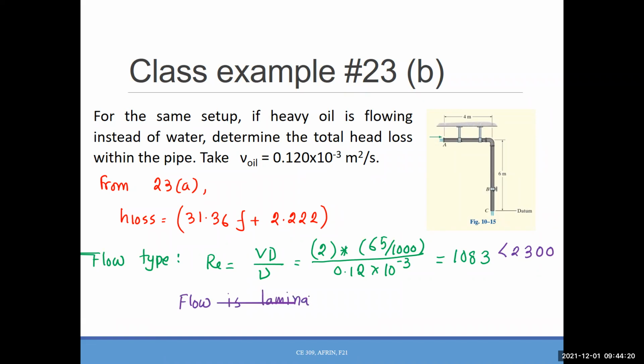And if you have a laminar flow, can you go back to this table and tell me how you can find the friction factor? For laminar flow, it's easier to calculate because the Reynolds number is the only thing which affects the frictional loss.